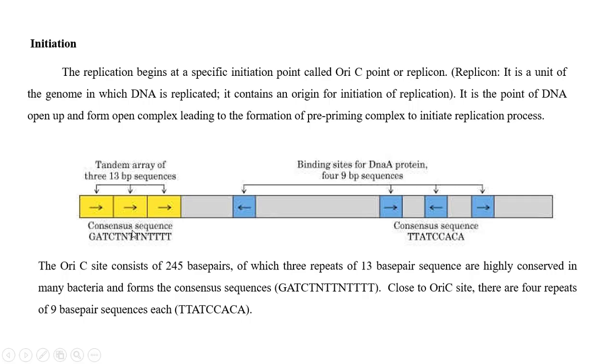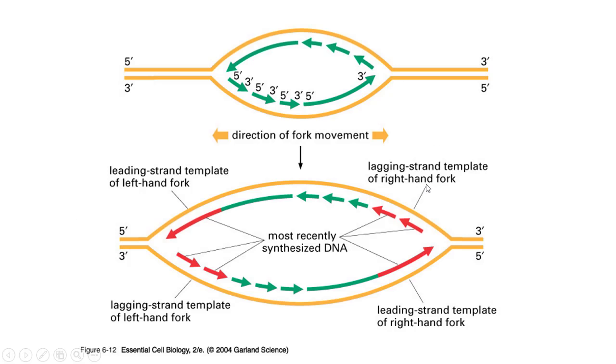It also contains 4 repeats of a 9 base pair sequence, a 9 base pair sequence repeated 4 times. So this is the origin of replication in prokaryotes: 245 base pairs, 3 repeats of 13 base pair and 4 repeats of 9 base pair.